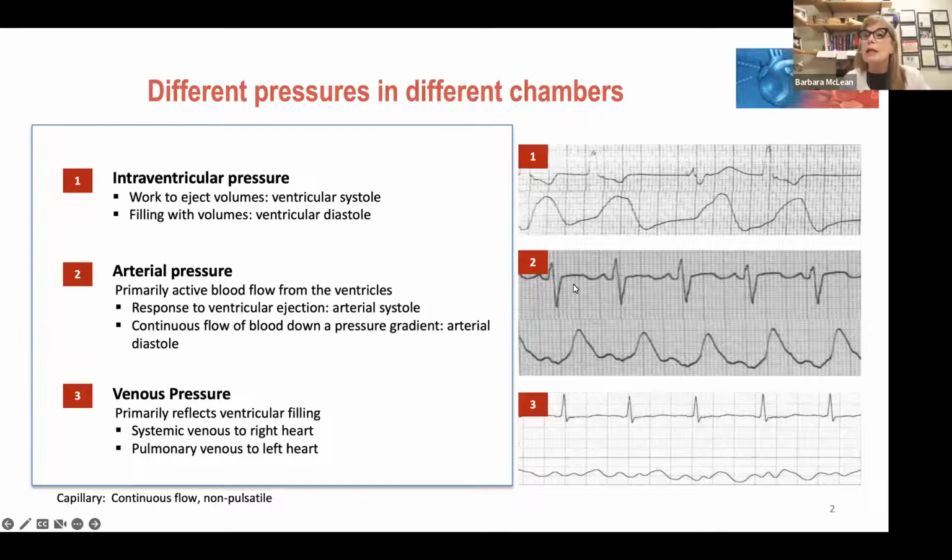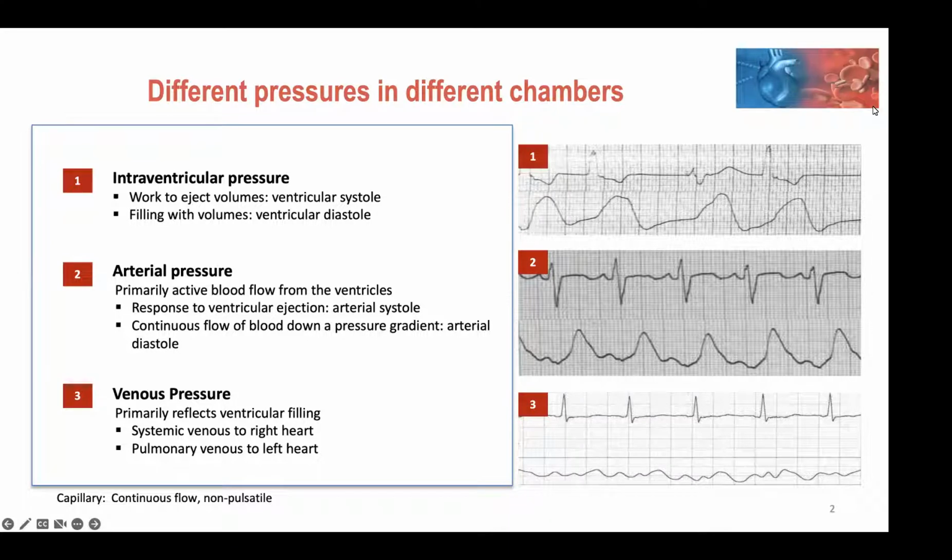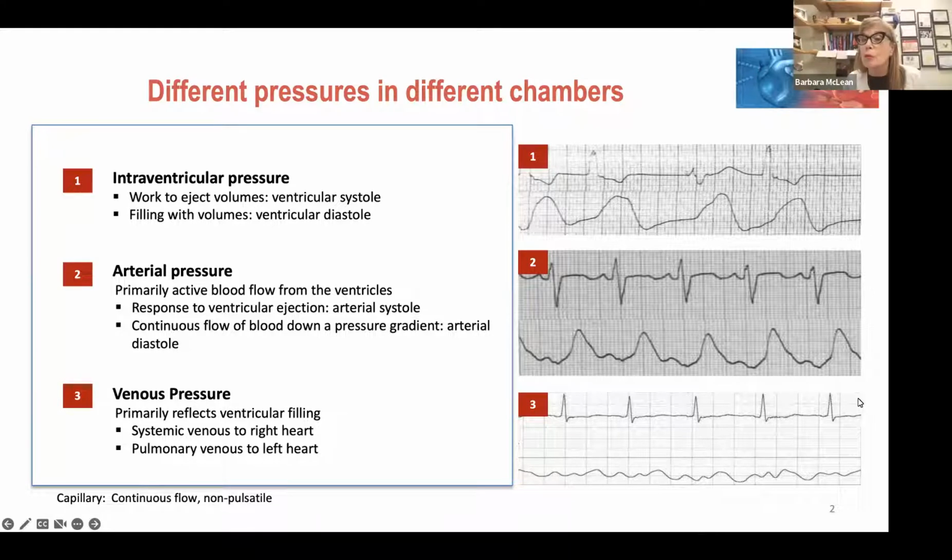Number 2 is arterial pressure, something we're all familiar with, because you've had systemic arterial lines, and sometimes you have pulmonary arterial lines, but you're monitoring arterial pressure, which consists of an upstroke to systole, and a fall down to the closure of the valve that separates the ventricle from the artery.